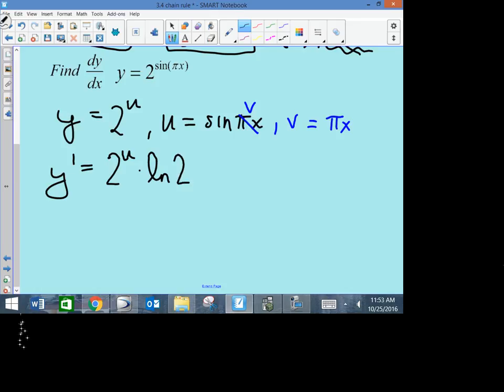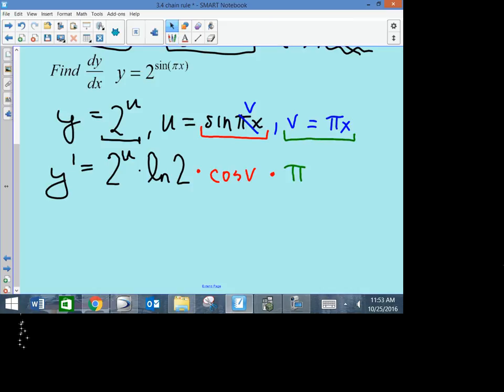Now the derivative of sine of v, Emma? Cosine of v, good job. And the derivative of pi x is pi, good job, because the derivative of a constant times x is the constant.